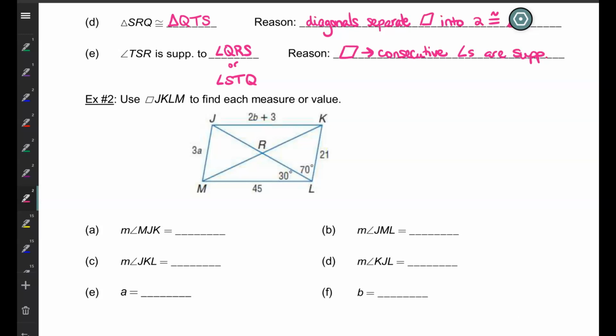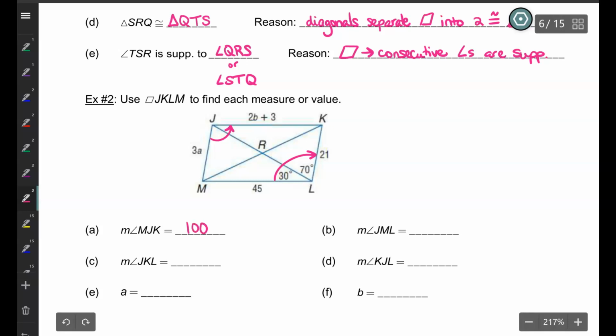Okay, example 2. Use parallelogram JKLM to find each measure or value. We want to find the measure of angle MJK. That's that angle. If we look directly across, those two angles are 30 and 70. So therefore MJK also has to be 30 and 70 combined to make 100 degrees.